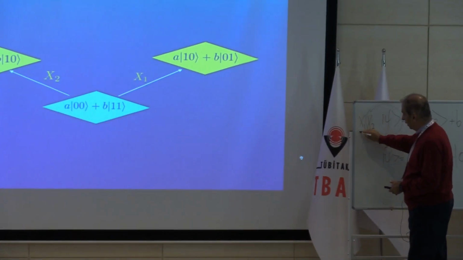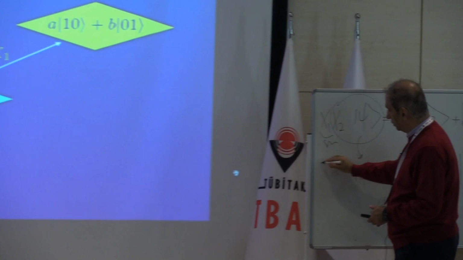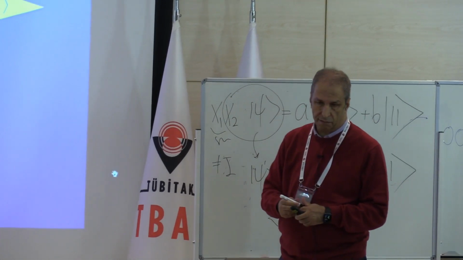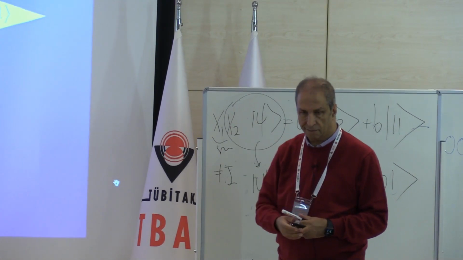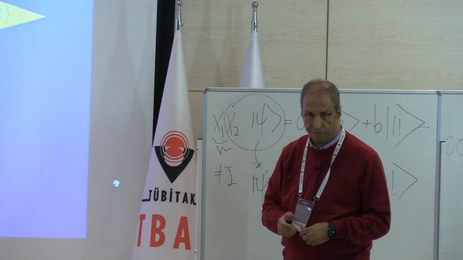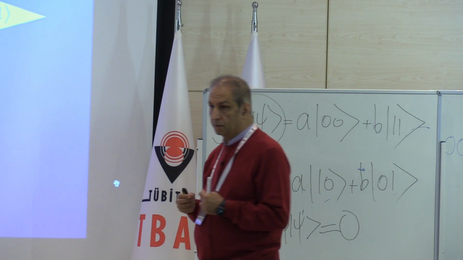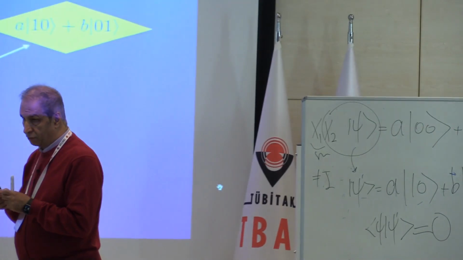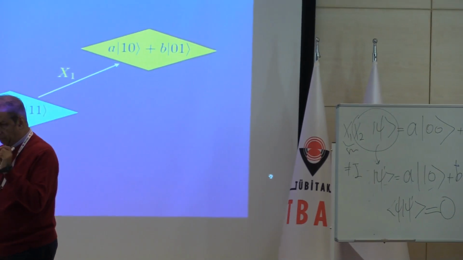Then I act by x1, and x1, x3 is opposite to 1. And I do not obtain the original result. I obtain something else. So in order to make an error correction, you have to differentiate exactly which error has happened.